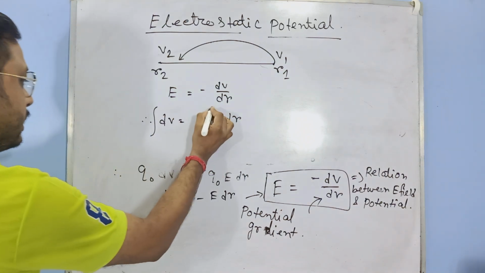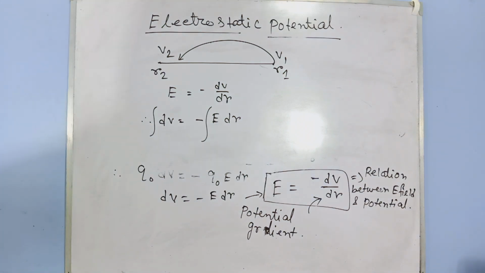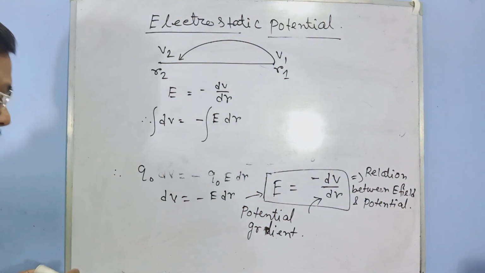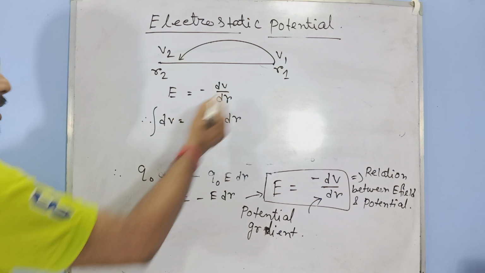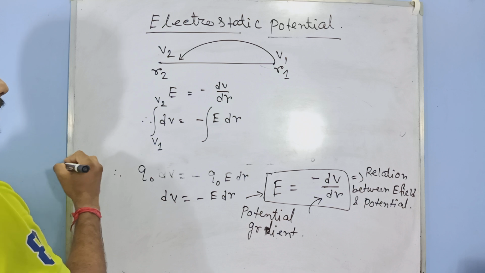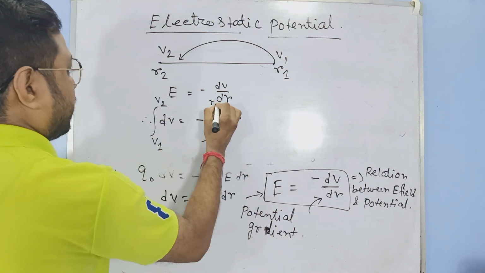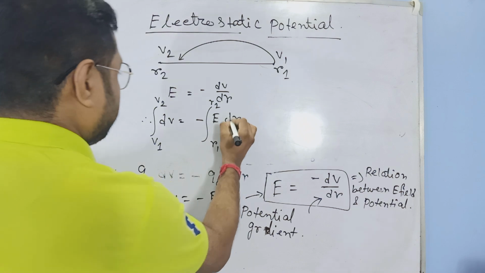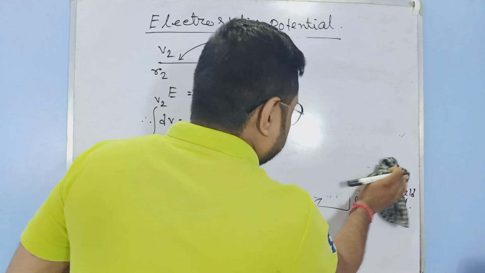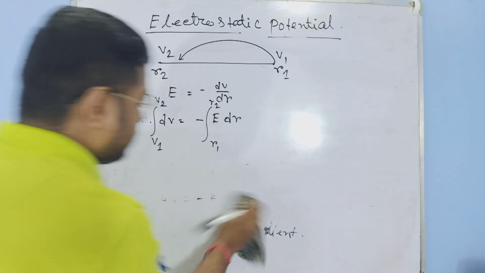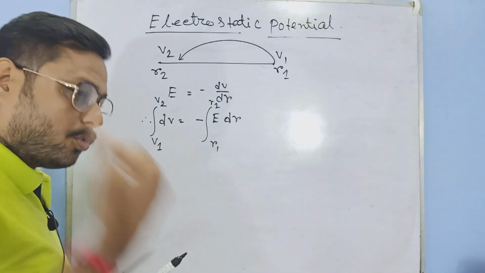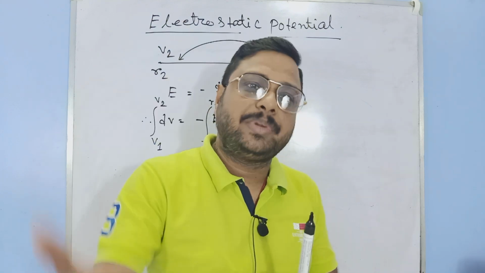Now take the integration because we have to find out the total work done, or total potential. So we integrate from V1 to V2, R1 to R2, minus E dr. Now, as per the definition of electrostatic potential, it is the work to move a unit positive test charge from infinity to any point.